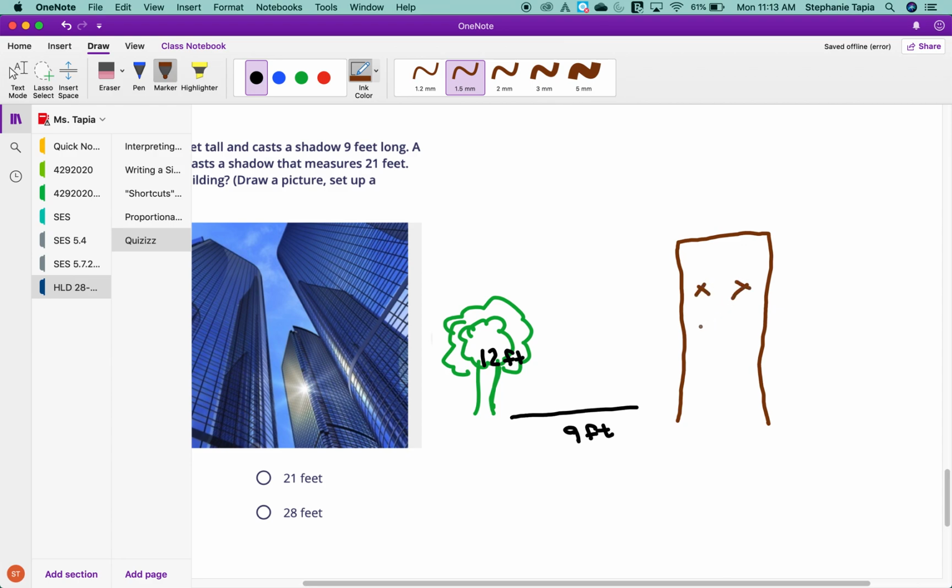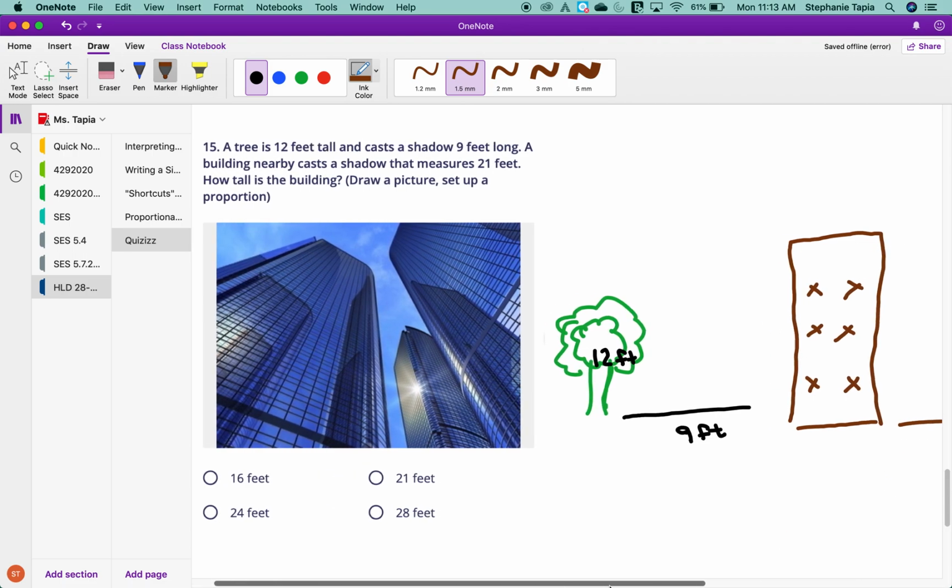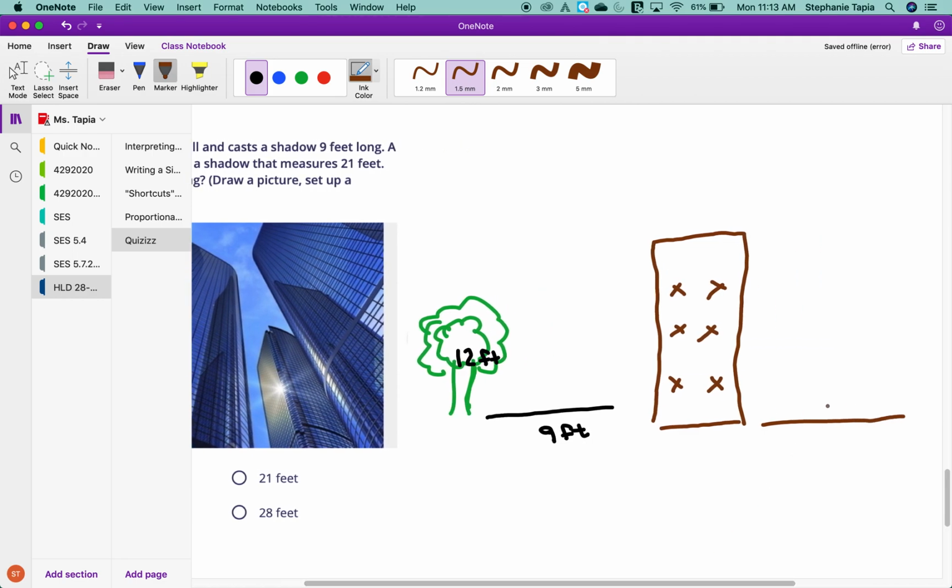This is my building. And the building casts a shadow that is 21 feet. And you just want to know how tall is the building?